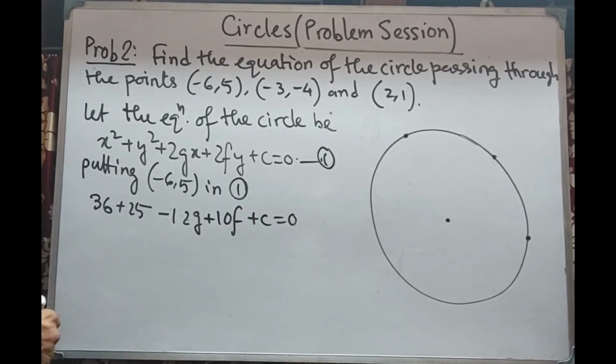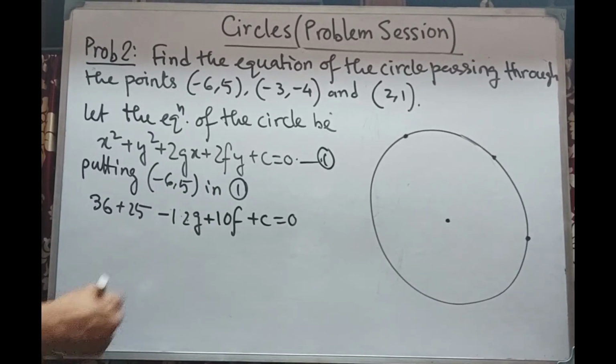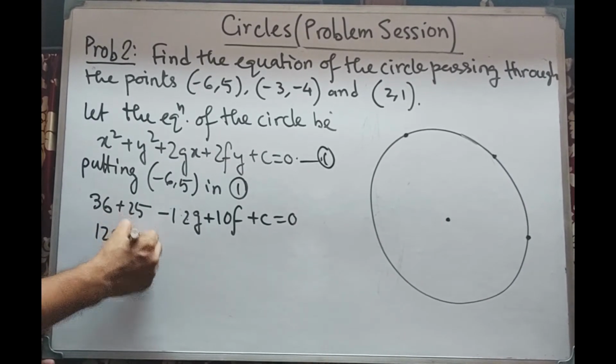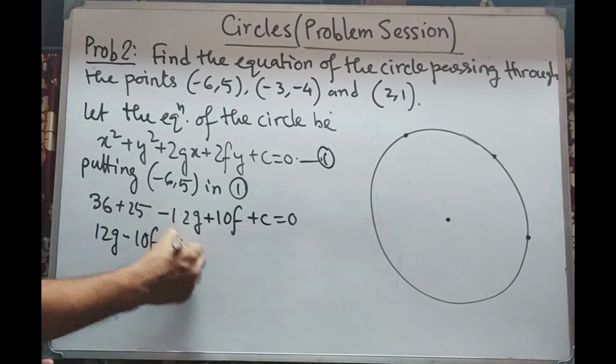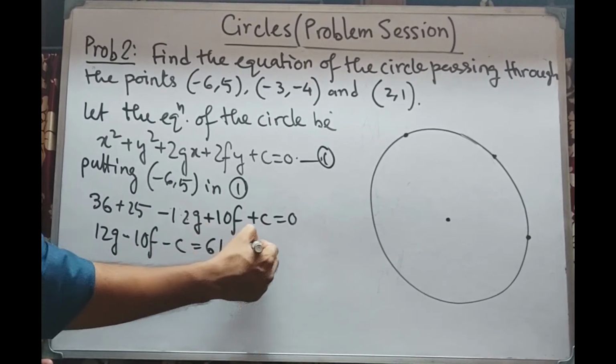So how much you are getting? 36 plus 25, that means it is 61. So you can say 12g minus 10f minus c is equals to 61. This is our second equation.